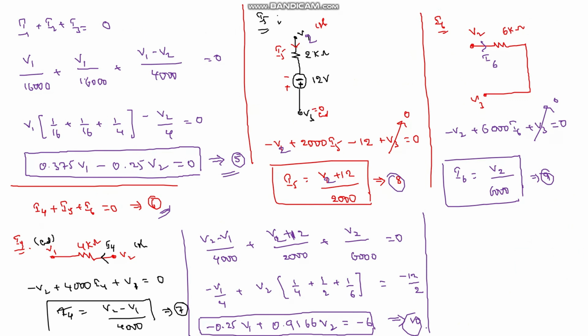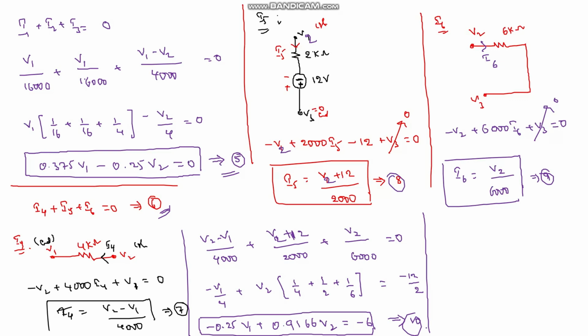Let me check the values of V1 and V2. 0.375, minus 0.25, minus 0.25, 0.9166, minus 6.